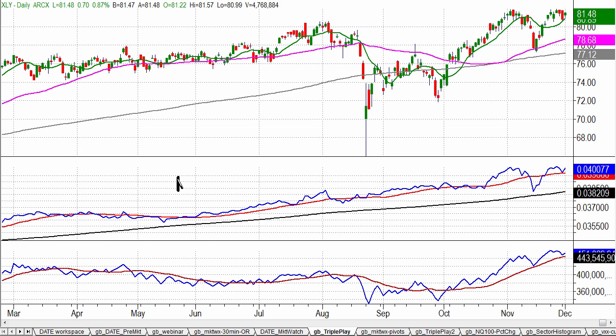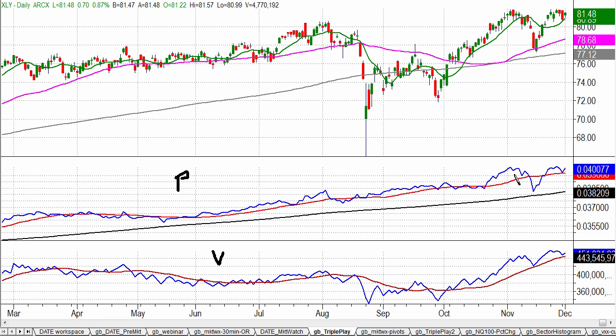This top indicator here is price. The bottom indicator is a measure of volume, and the momentum indicator is in blue, and in both cases, a benchmark is in red, and a slower benchmark is in black on the price.